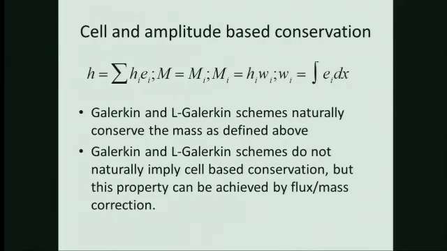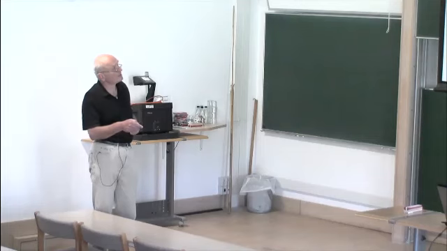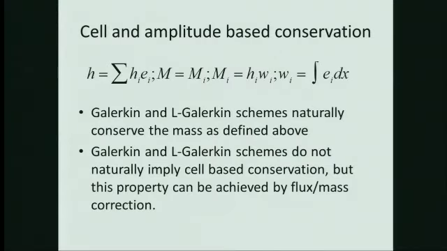So yes, of course, if you have an H field defined here, the mass of the H field is the sum of the amplitudes times weights, and the weight, of course, is the integral over the basis function. If you have linear elements only, you can find out that everything is equivalent. The linear basis functions are equivalent to what you do with piecewise constant. So it's equivalent to the finite volume method, but this is easier to generalize to the higher order.